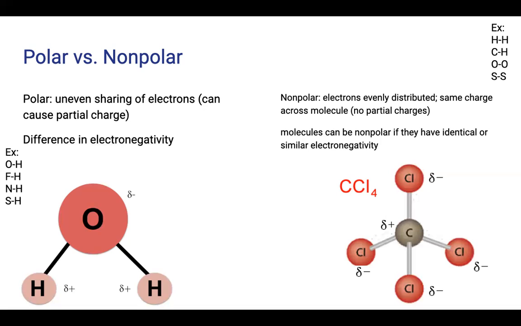So if you have two carbons bonded to each other, they have the exact same electronegativity, so they're not going to be polar. Carbon and hydrogen have pretty similar electronegativities, so that's not going to be polar either. So examples would be CC, CH, HH, things like that. No difference in electronegativity or very little, so you're not going to have a difference in charges.